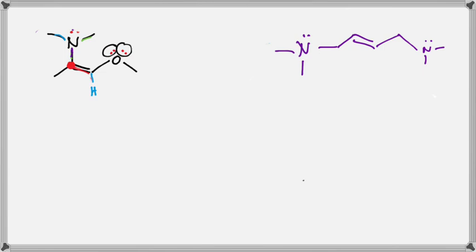If we look at the black structure: lone pair, sigma bond, pi bond. Look for the oxygen: lone pair, sigma bond, pi bond. Look at the purple structure: lone pair, sigma bond, pi bond. So the presence of that extra sigma bond blocks the ability to do resonance. Perfectly legit observation, but of course we have to make it more difficult and say why.